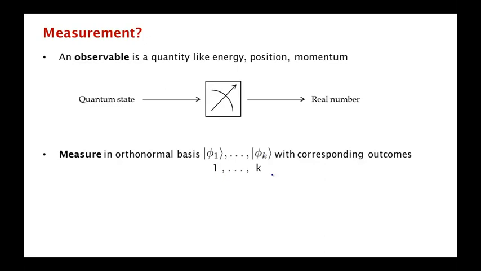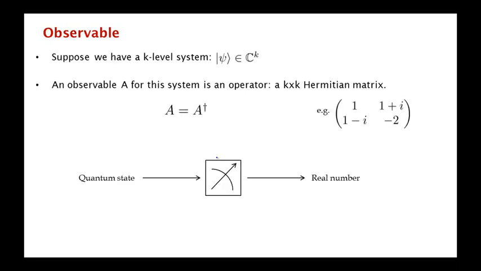Sorry, you can number them phi 0 through phi k minus 1, and the outcomes 0 through k minus 1. It's sort of an arbitrary choice. Okay, but that's what we said a measurement was. So what's this new notion of an observable? How can it be that a measurement now corresponds to this Hermitian matrix?